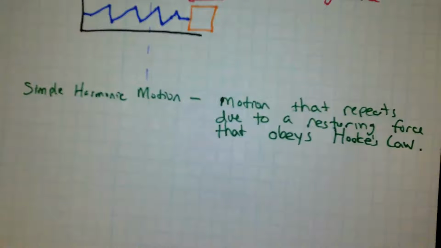Oh, sorry, I don't even have it where you can see it. Sorry. Simple harmonic motion is motion that repeats due to a restoring force that obeys Hooke's law.